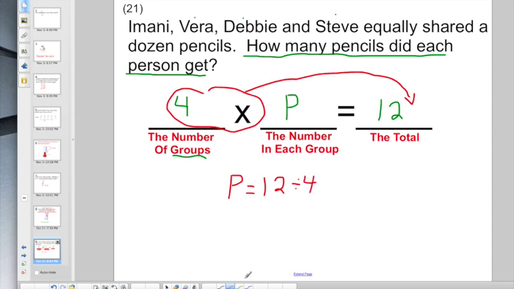Let's go ahead, combine our terms. 12 divided by 4. When I'm ready, I'll just drop it down, but I read left to right. So I'm going to go P first, and I'm going to go equal sign next, and 12 divided by 4, that's 3.